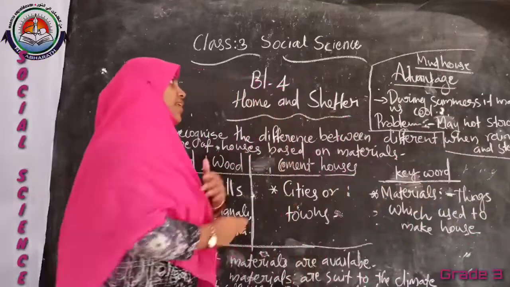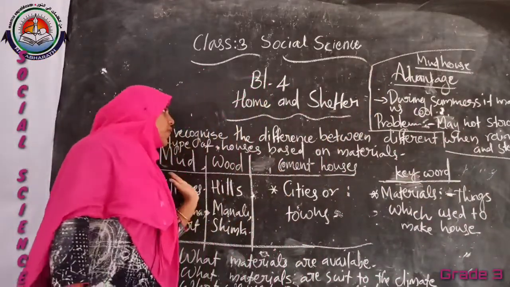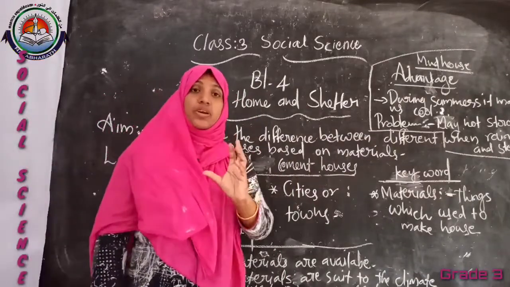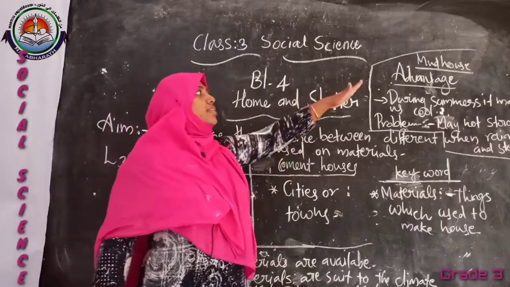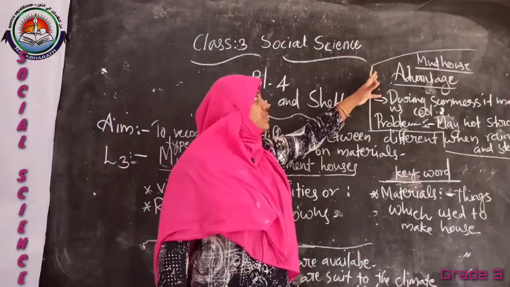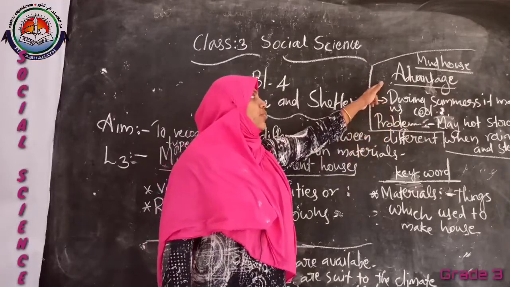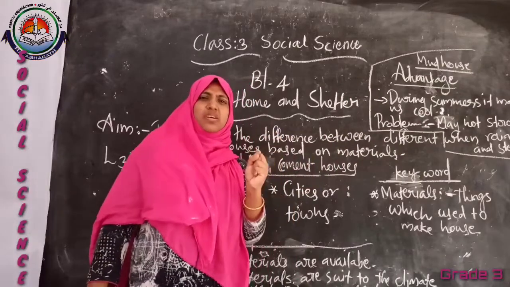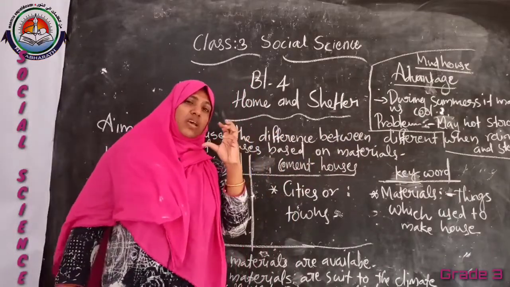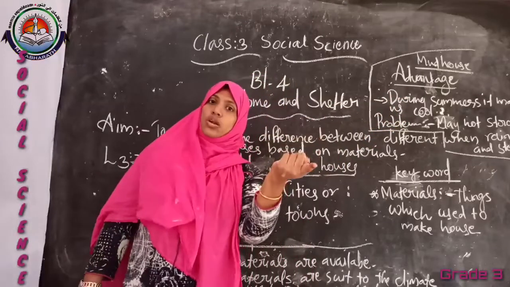Okay, listen. Mud houses in the desert or Rajasthan region, people living in mud houses, that we have discussed, have some advantages and a problem. Advantage means during the summers they experience extreme heat, at that time it makes them cool.